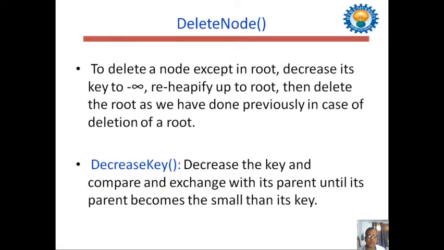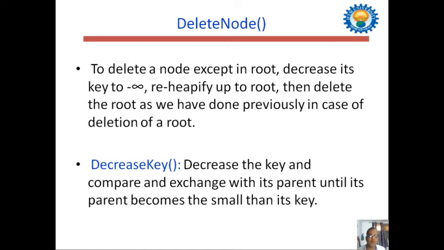Delete any node. Means suppose the node which we are going to delete is not in the root, then what we will do? To delete a node except in root, decrease its key to minus infinity.